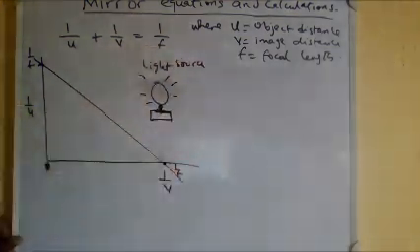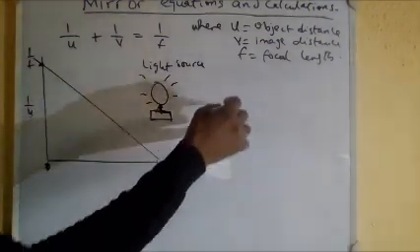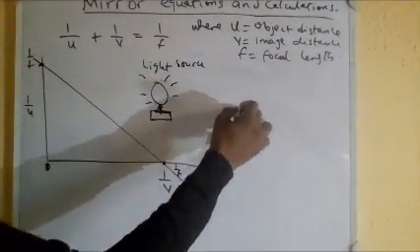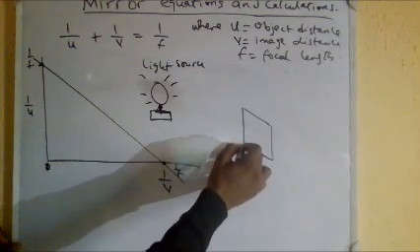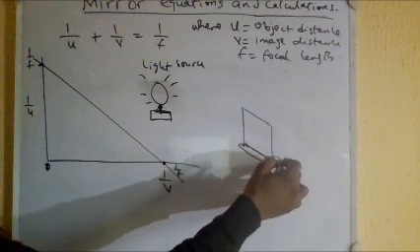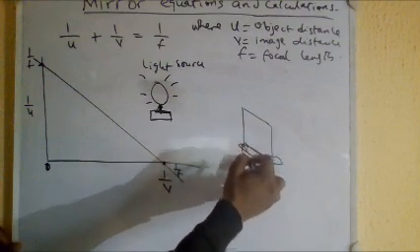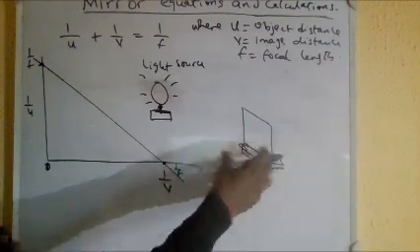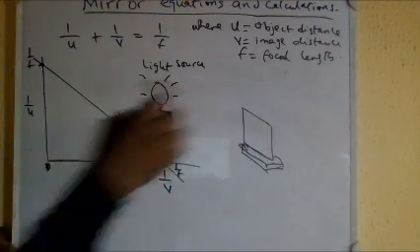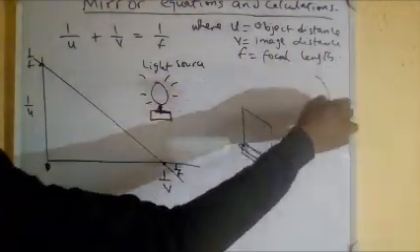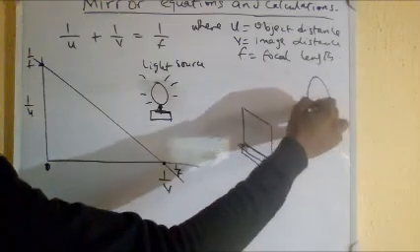You need what again? You need your screen. It could be a card that has a placeholder on it, just something like this. So you can move this card, and you need the mirror, the curved mirror. Let me just do it like this.